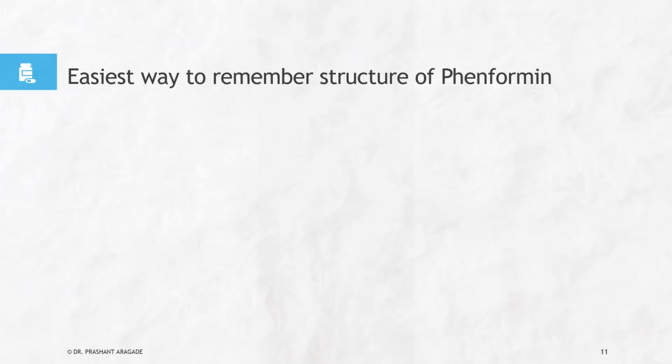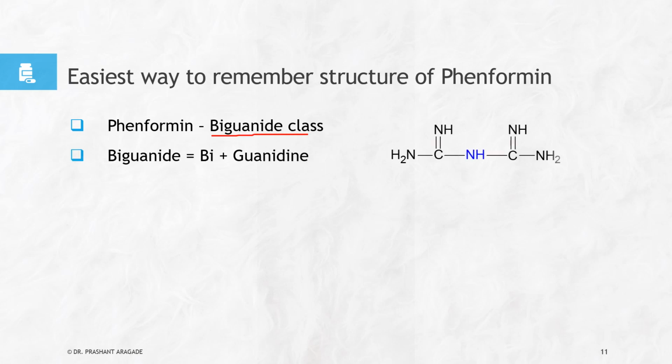So in summary, the easiest way to remember the chemical structure of fenformin is as follows. Fenformin is an example of the biguanide class. Biguanide, bi means two, that is two guanidine molecules joined together through a common NH link.